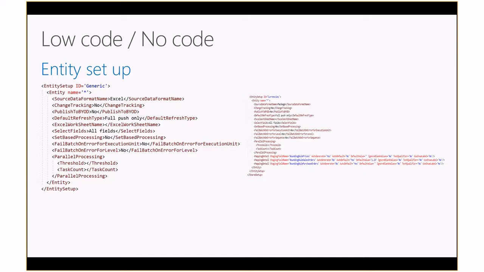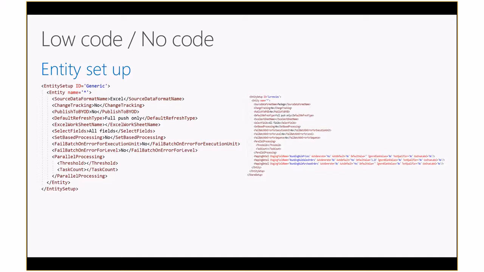So it is quite flexible to have a concept of a wildcard on the entity setup, where we say that these specific settings apply to all entities in the data package without having to explicitly define one at a time. That is where the star in the entity name comes into play: it is a wildcard that applies all the settings to all the entities in the package.